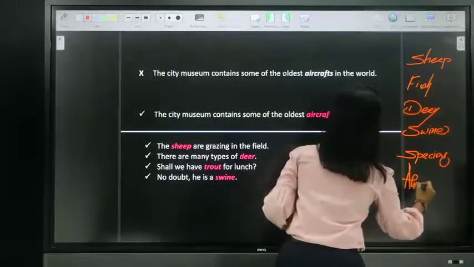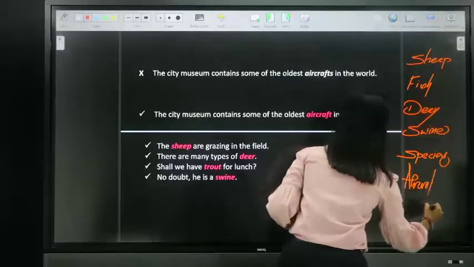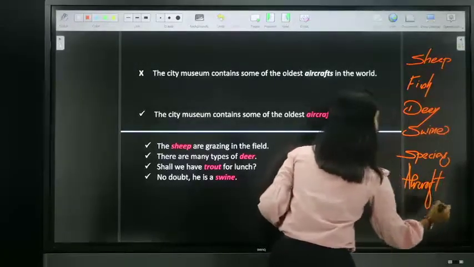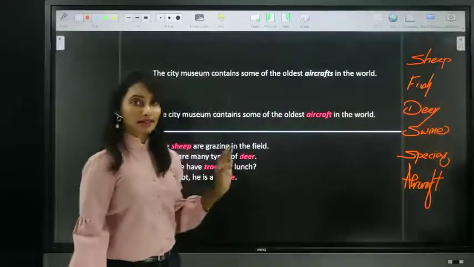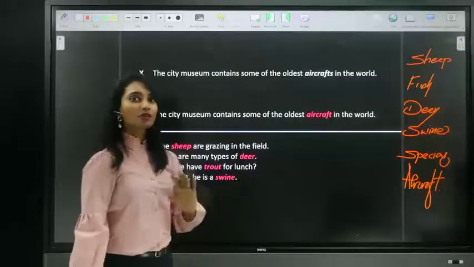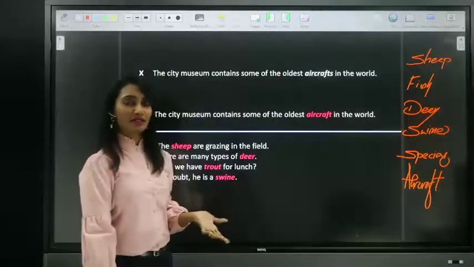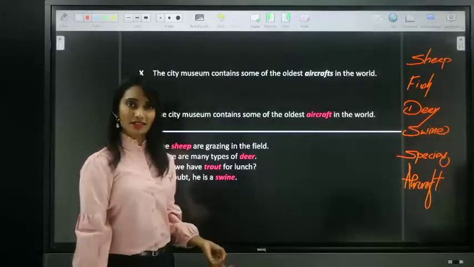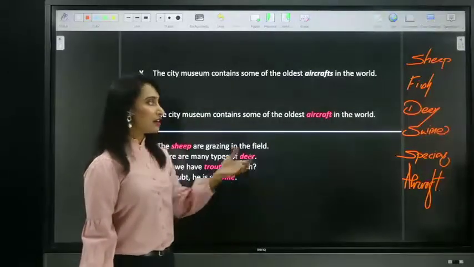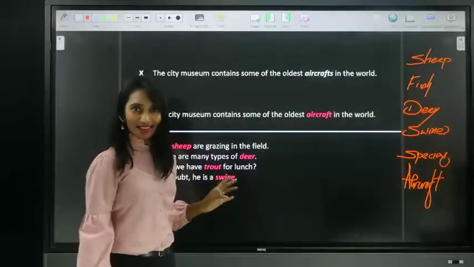So aircraft has similar singular and plural forms. So there is no aircrafts, there is no sheeps, there is no word like swines, right?